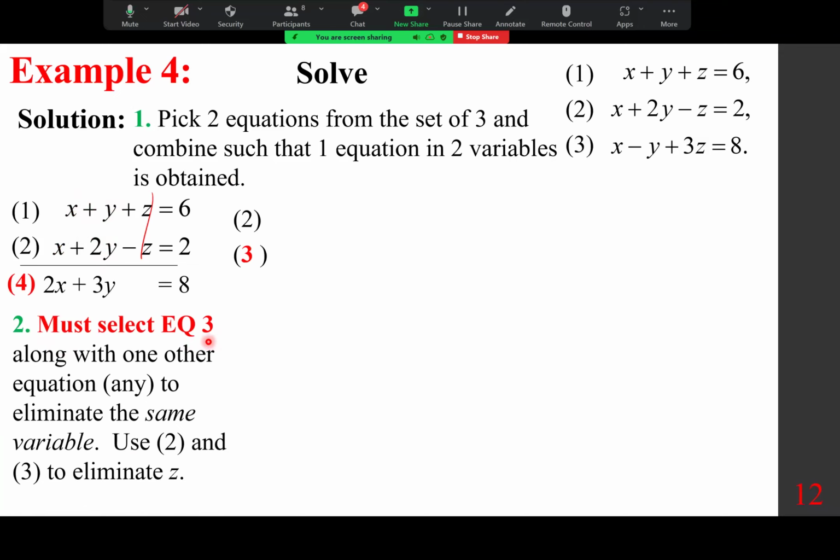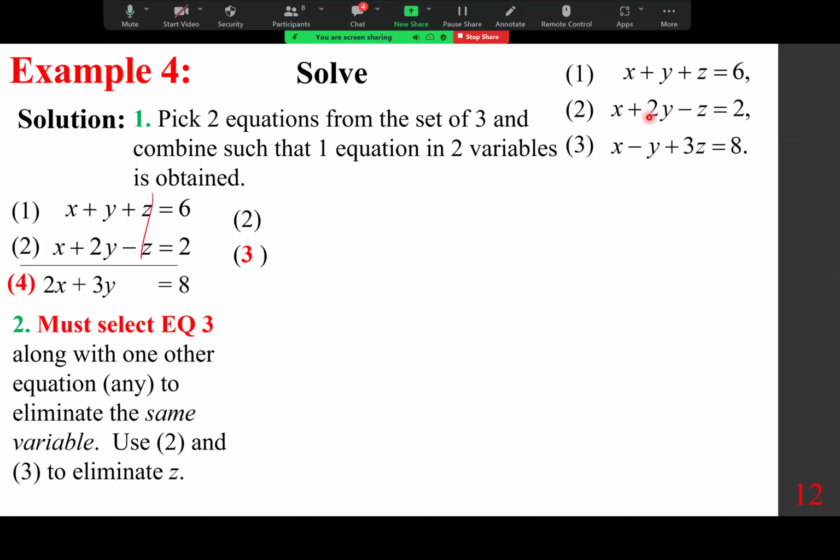Must select equation 3 along with one other equation, any, to eliminate the same variable. Use 2 and 3 to eliminate z. All right, again, the reason we have to use number 3 is because it hasn't been used. And again, since this is a plus 3z, number 2 makes more sense.